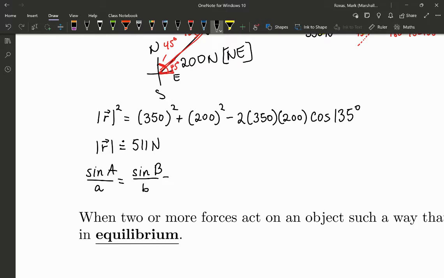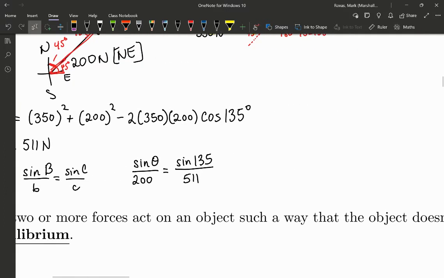So sine of angle B over its opposite side length, and sine of angle C over its opposite side length, C. To apply the sine law here, I need angle theta, so sine of theta divided by the opposite side, which is 200, equals the other ratio we can get from the angle we do know, 135 degrees, over its opposite side, which is now the resultant vector, 511.